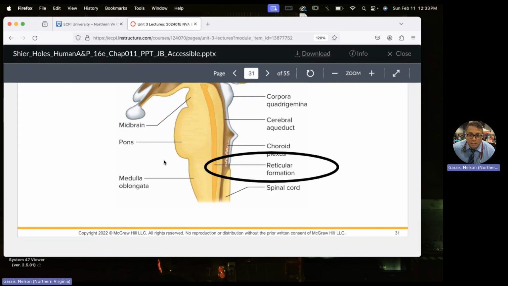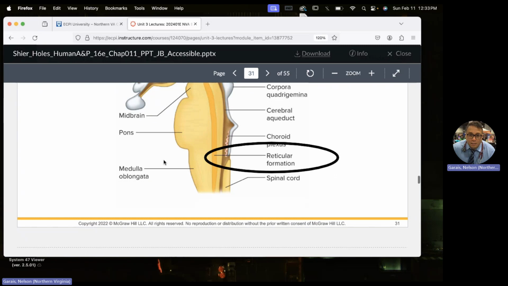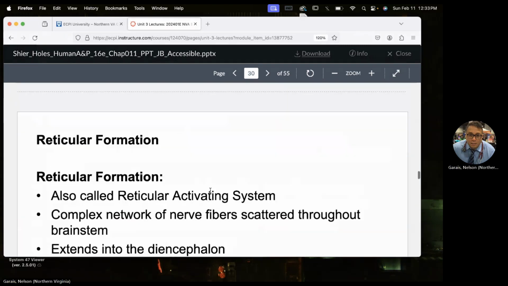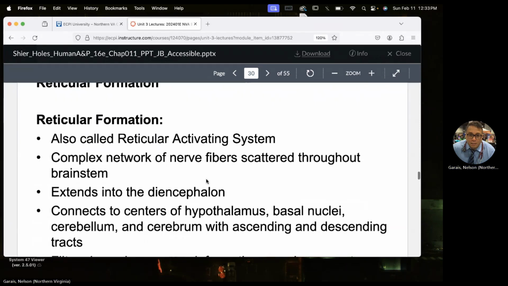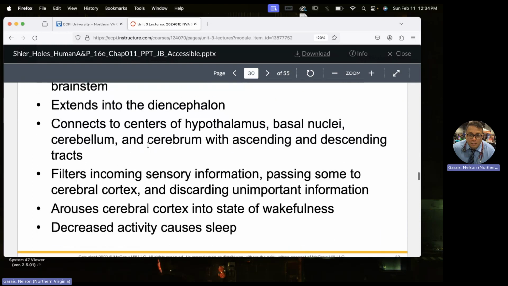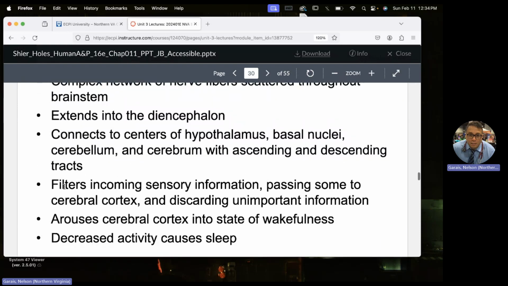Activate your RAS. Now, your RAS is called a reticular formation, right? And remember, something that's reticular is also going to be like a sieve or some sort of filter. Therefore, this is the second place where your body filters incoming sensory.